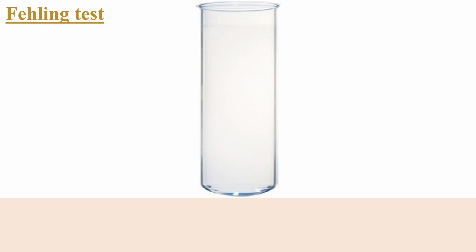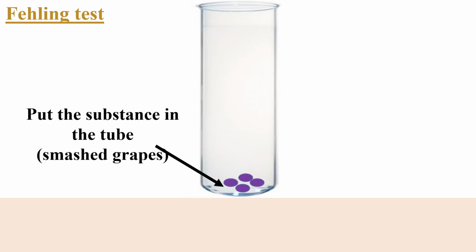So we bring a test tube and put the substance, the food, in this tube. I will use smashed grapes because grapes are rich in glucose; the sugar of grapes is naturally glucose.